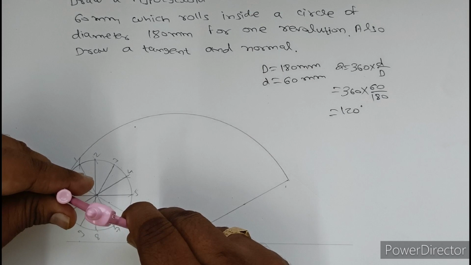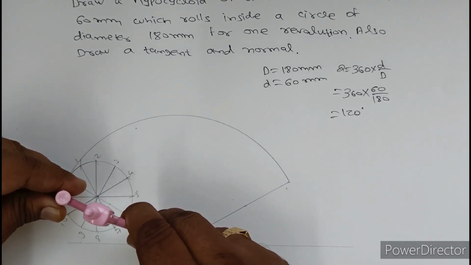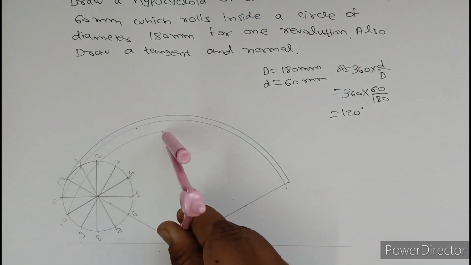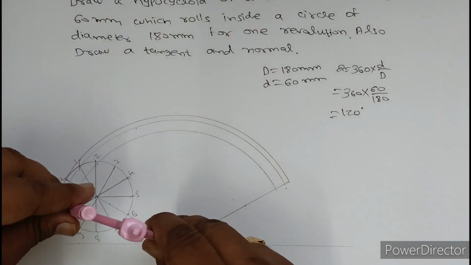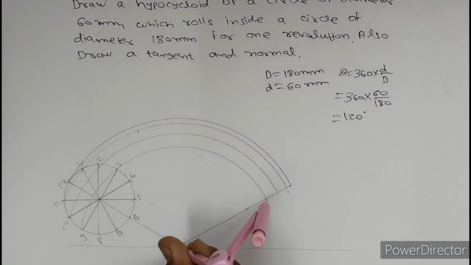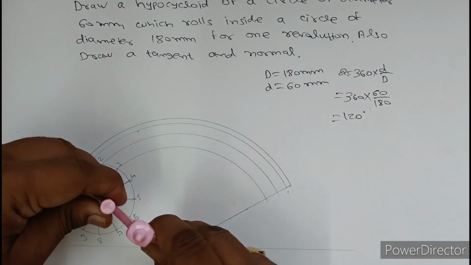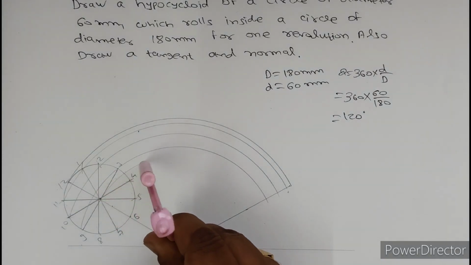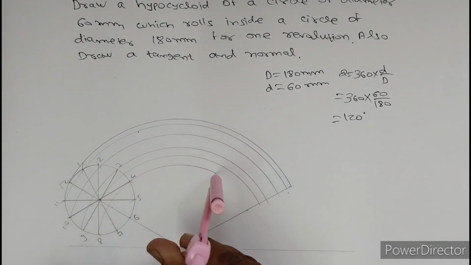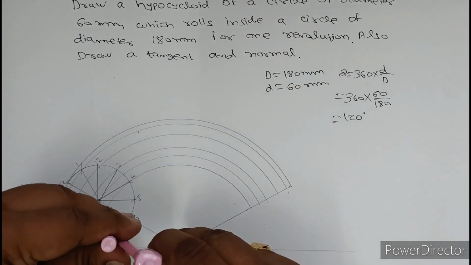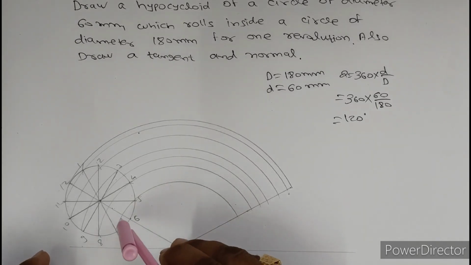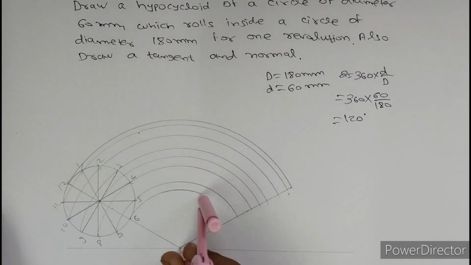Then we have to draw another line which passes through 11 and 1, then 10 and 2, then 9 and 3, then the center of the circle, then 8 and 4, then 7 and 5, then from 6.